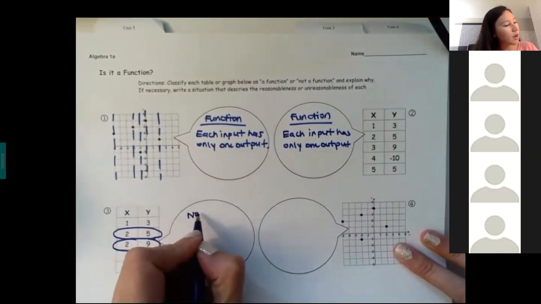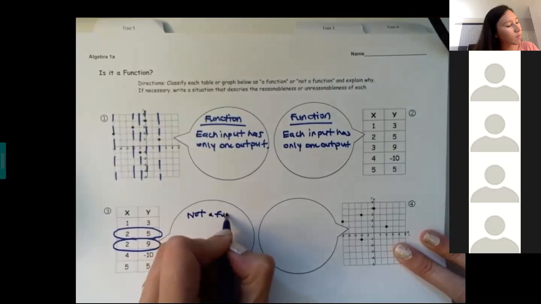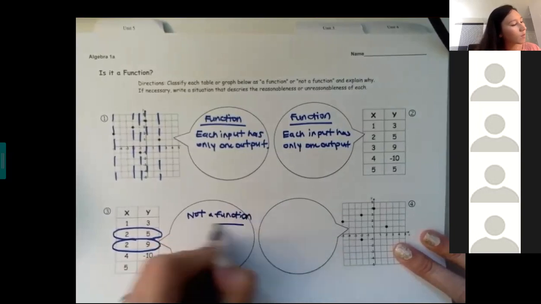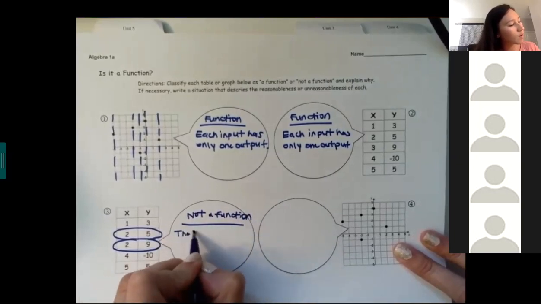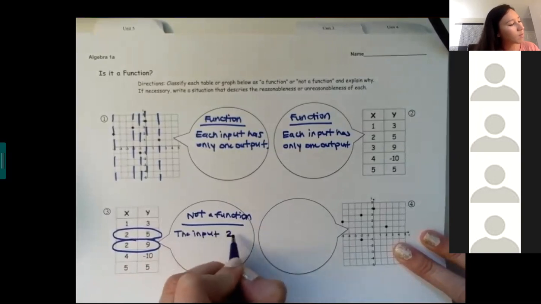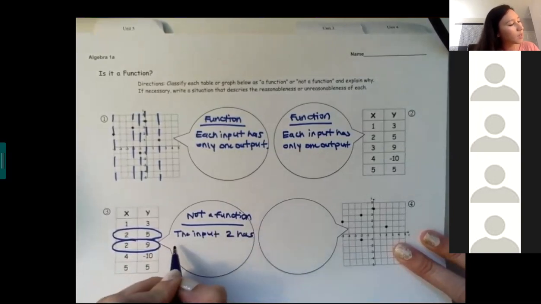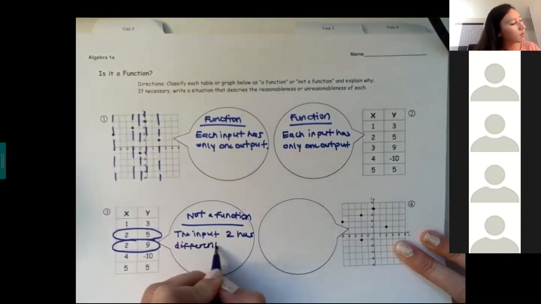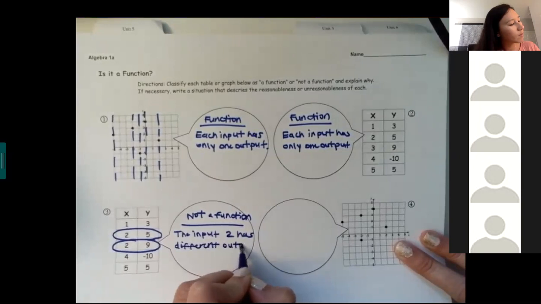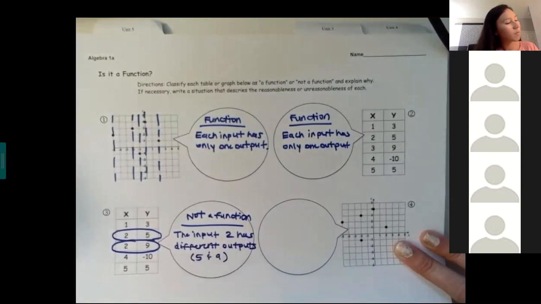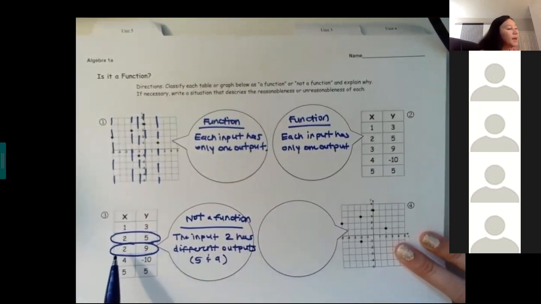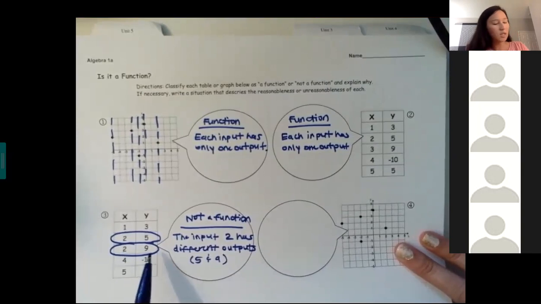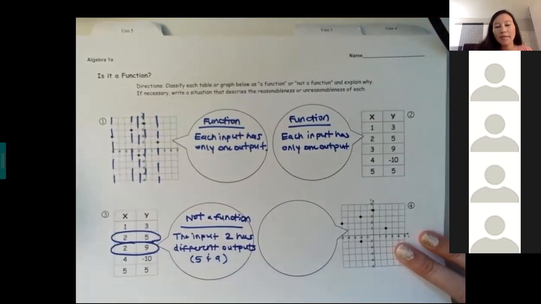So it is not a function. One time when x was 2, we got a 5. Another time when x was 2, we got a 9. So that means it's not a function.